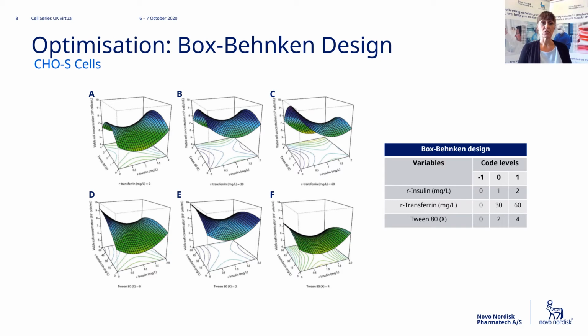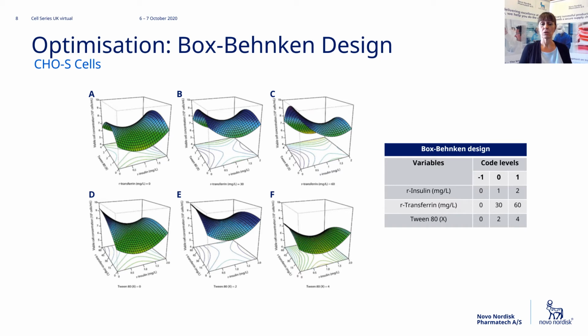And as the transferrin concentration increased, the optimum condition moved from higher to lower insulin concentrations. And that is seen in graphs A to C. The optimum with transferrin was achieved with a very high level, at 57 milligrams per liter, and this was considered difficult to adopt in practical terms due to the high cost of transferrin.